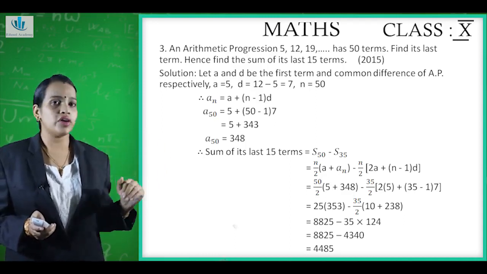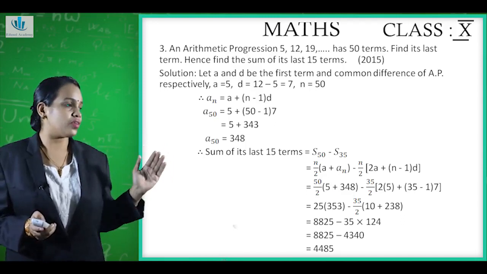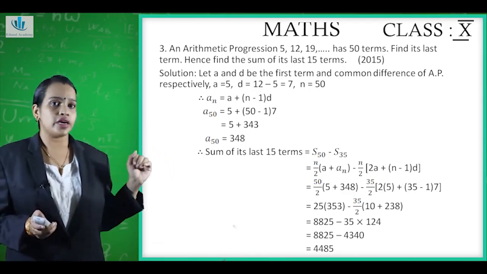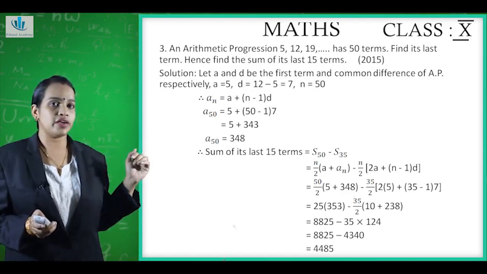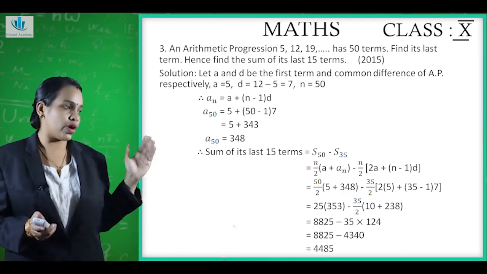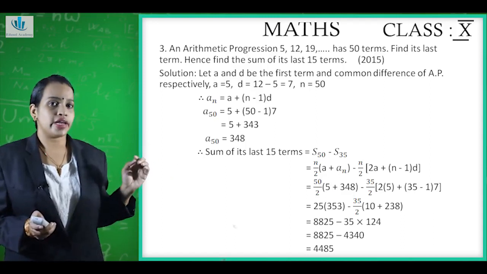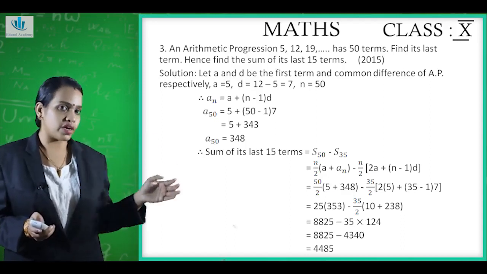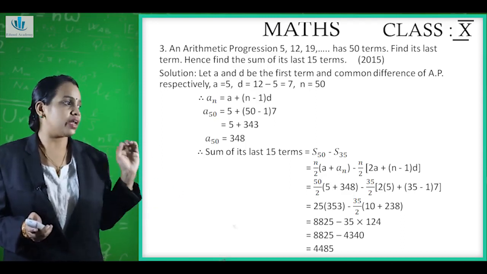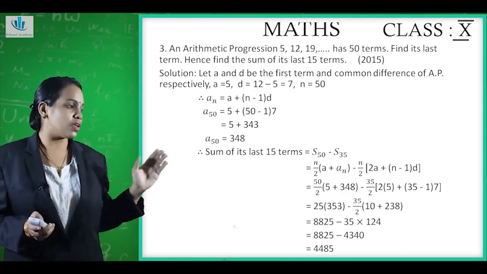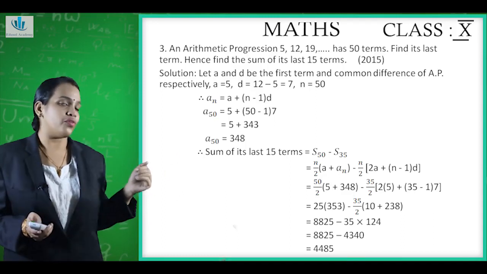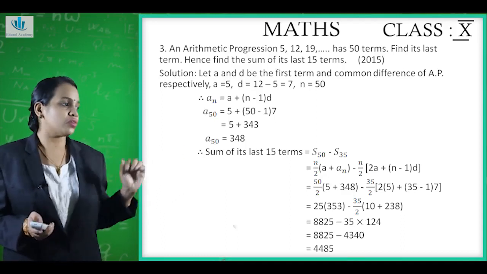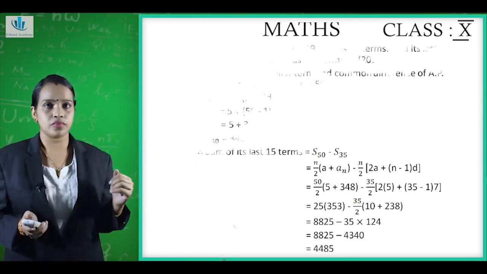Now again we will solve it. 25 into 353 gives 8825, minus 35 into, when we solve the bracket, it gives 124. So 35 into 124 is 4340. So 8825 minus 4340 is equal to 4485. So the sum of the last 15 terms is equal to 4485.